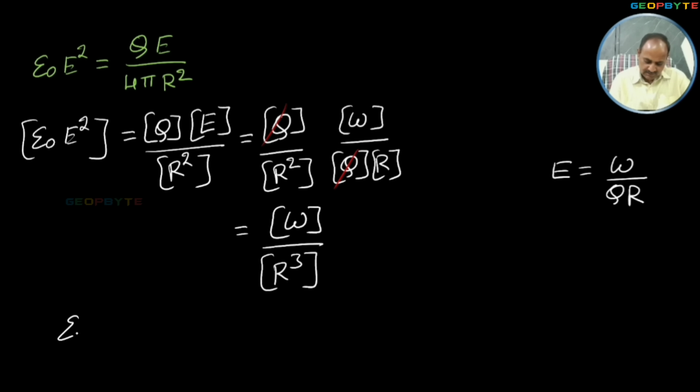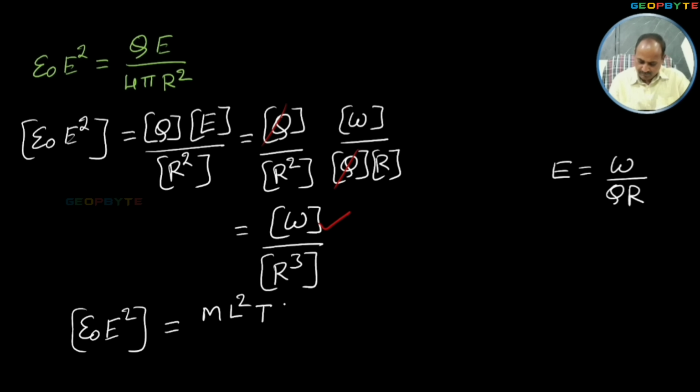So finally it is epsilon naught. Let me write it clearly. Here epsilon naught E square dimensional formula equal to W dimensional formula, that is energy dimensional formula. Energy dimensional formula is what? M L square T power minus 2 dividing by R, length dimension L cube.